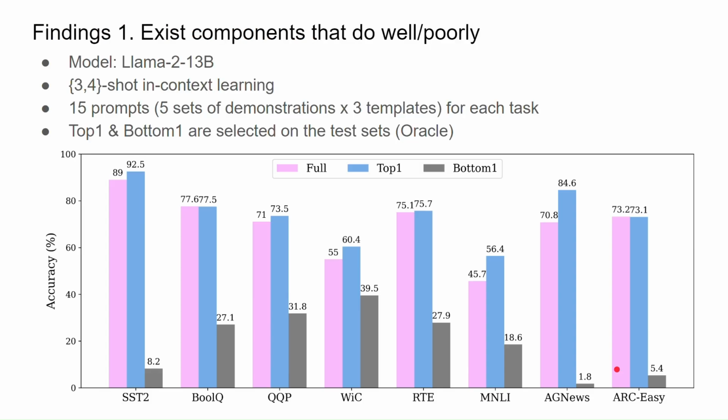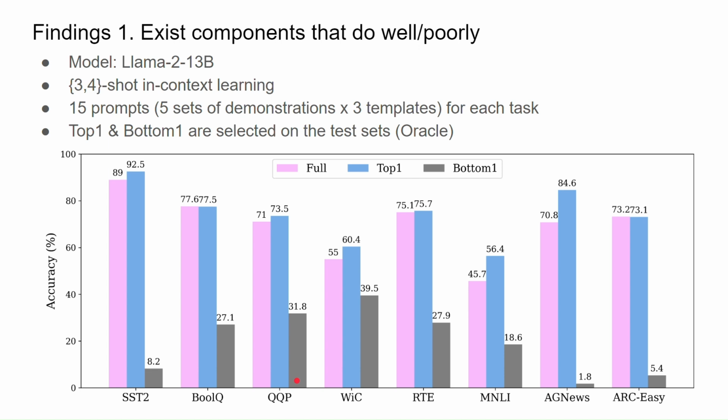Here are the quantitative results across 8 classification tasks. The pink bars are the accuracy of the full model, the blue bars are the best performing components in each task, and the gray bars are the worst performing components.